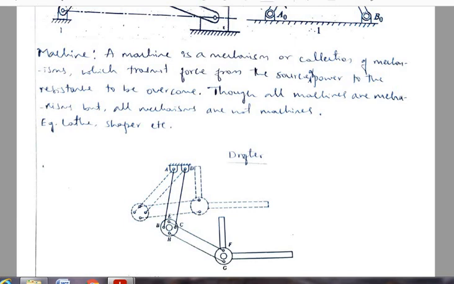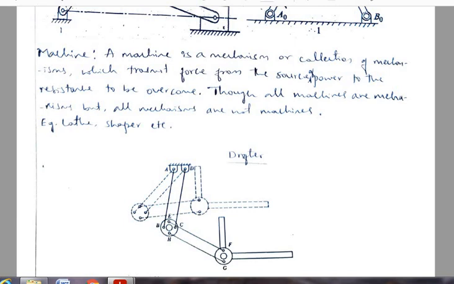So machines are made up of mechanisms. Using different mechanisms or combinations of mechanisms, we create machines. That is, power will be converted into useful work.